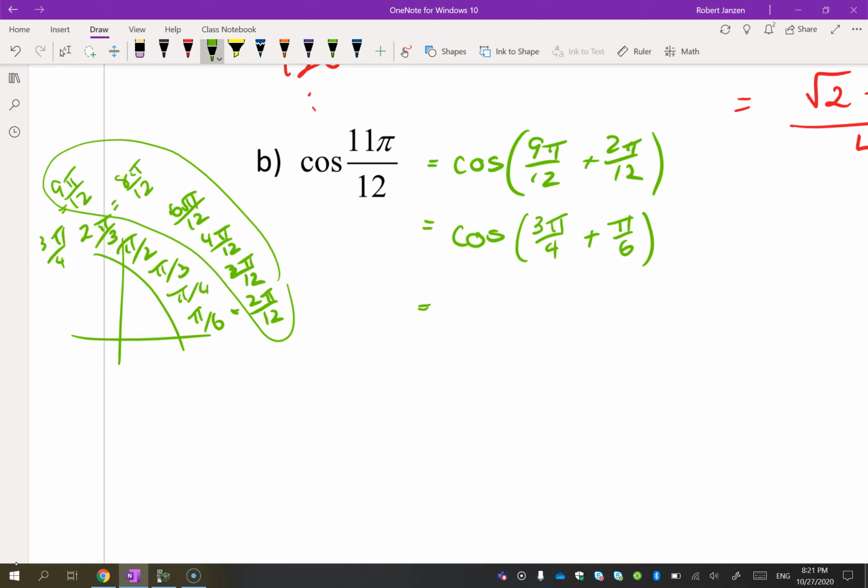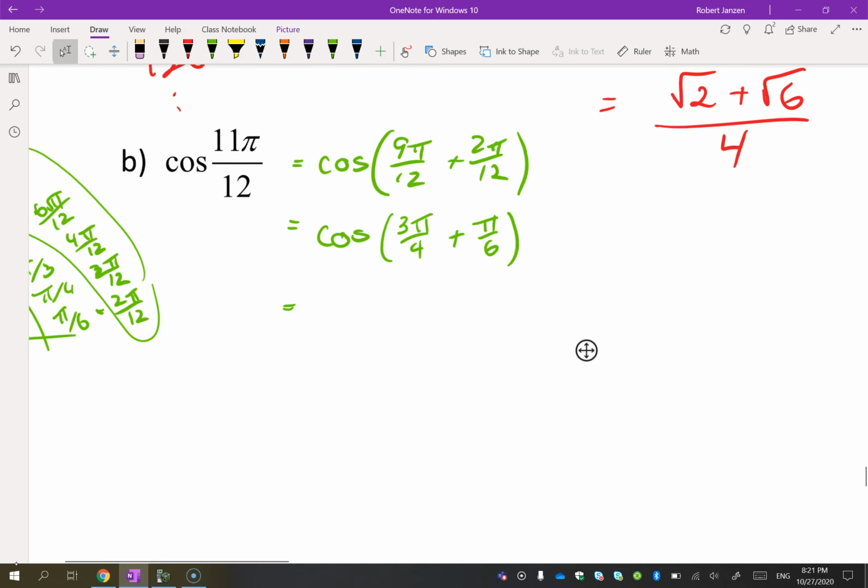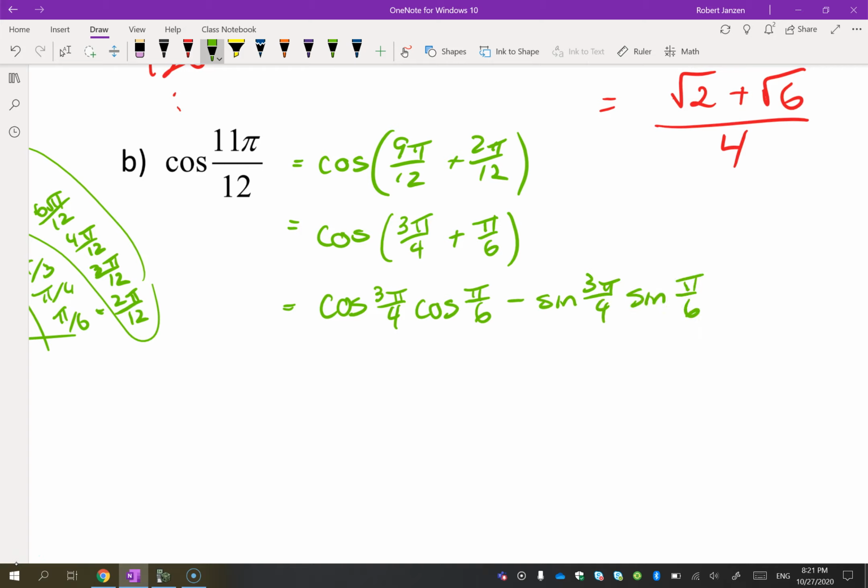So I'm going to look for the cosine addition formula. All right, cosine addition formula is cos alpha cos beta minus sine alpha sine beta. So each one of these you should be able to evaluate now, because they're all exact values.